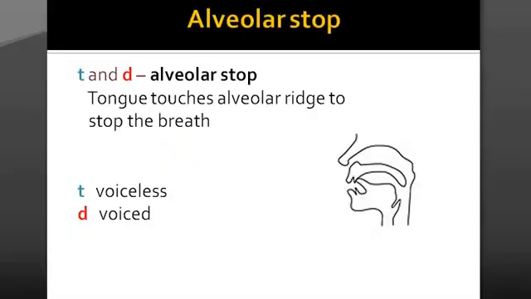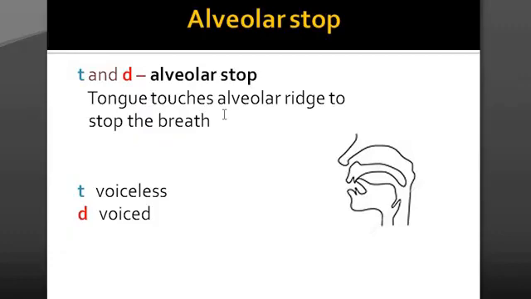So you can feel it if you put your hand on your larynx and say t, t, d, d, t, d. The T sound is voiceless with no vibration, and d is voiced. It does have the vibration.